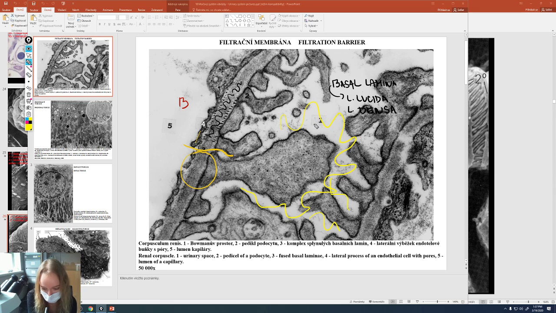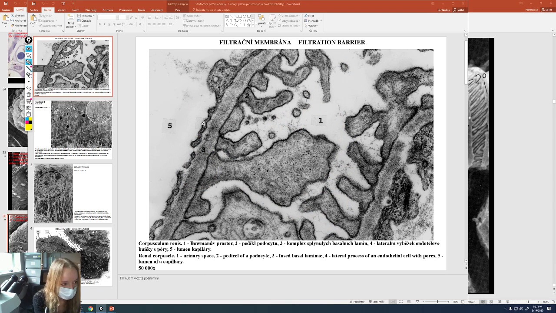We could only see the big Bowman space around the glomerulus, but this is also Bowman's space, between the capillaries, between the podocytes, and this space contains primary urine or primary filtrate of the blood.